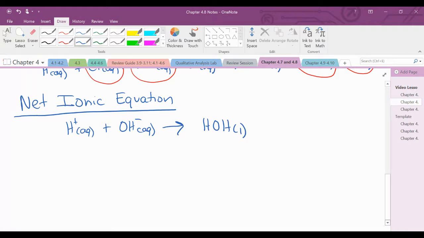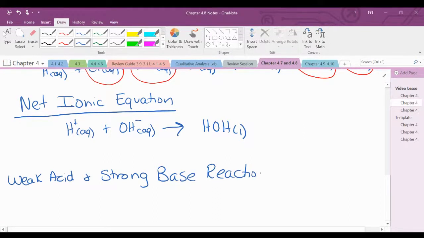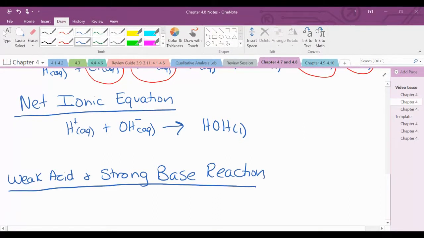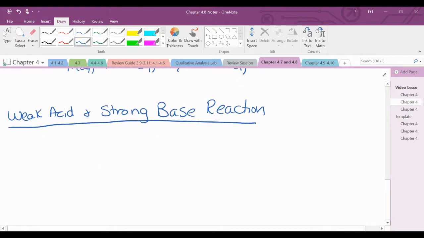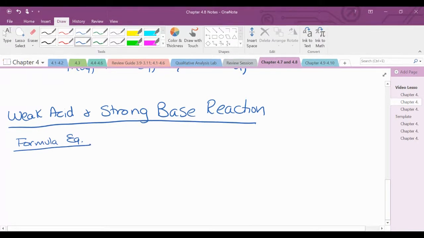So then let's look at a weak acid and strong base reaction. For our formula equation, we're going to have acetic acid, which is in vinegar.